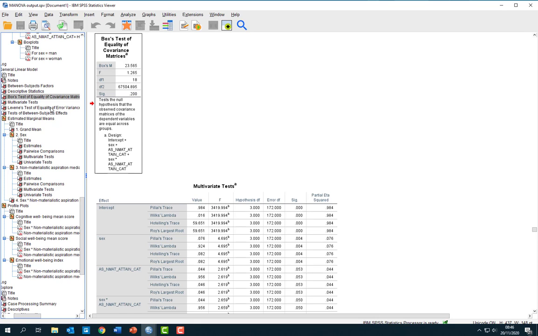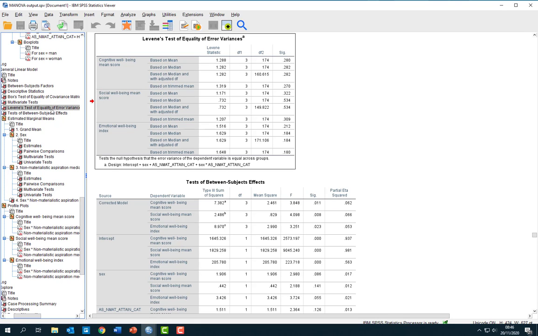The next thing we would want to check are our Levene's tests of equality of error variances, and this is looking at within each specific subgroup on each of the variables, what do the variances look like. So we would look at the means for each of these, and we would be looking for a non-significant result, which would suggest that the error variances are not significantly different for each group, which would be a good thing.